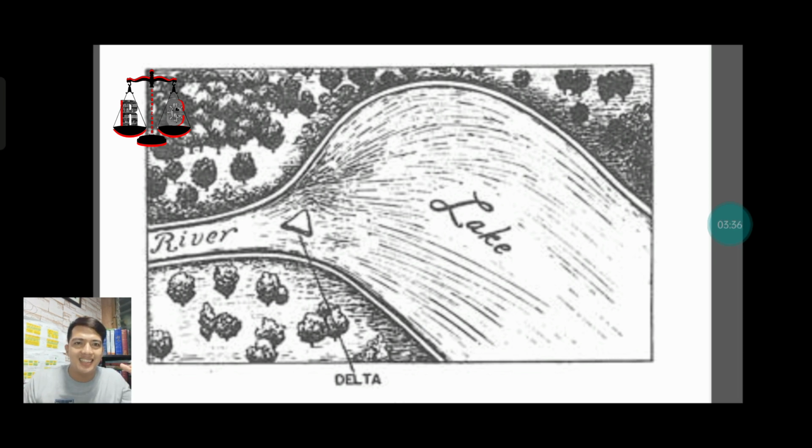But kini siyang delta is coming from the Greek alphabet. Of course, ika-fourth letter man siya, letter D, nga ang D is gitawag nato nga delta. Mo siya Greek alphabet nga delta.